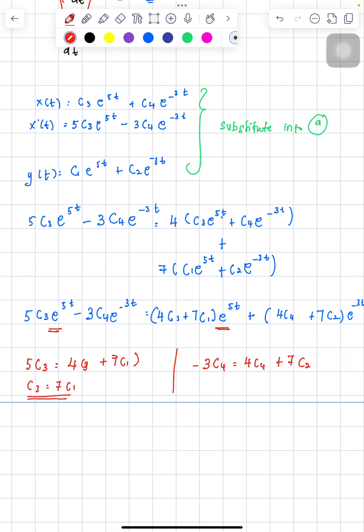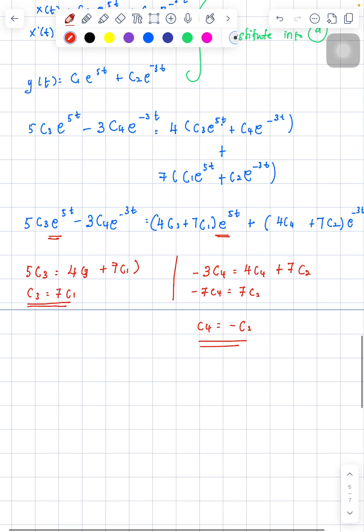So negative 3 minus 4 equals to negative 7 C4 equals to 7 C2. So C4 equals to negative C2. So now we have C4 equals to negative C2 and C3 equals to 7 C1.